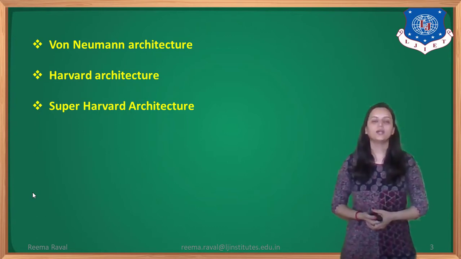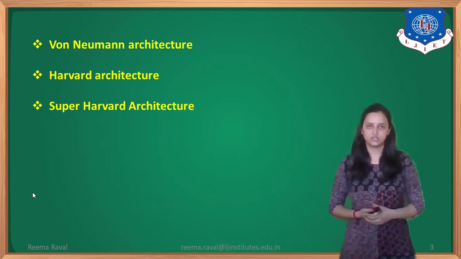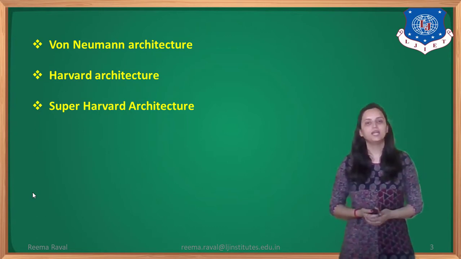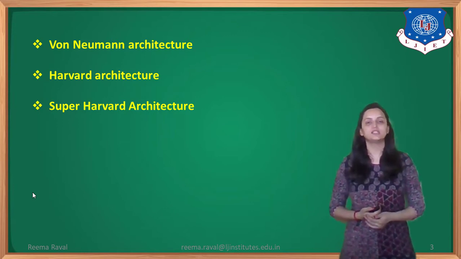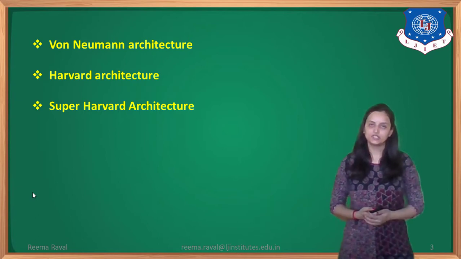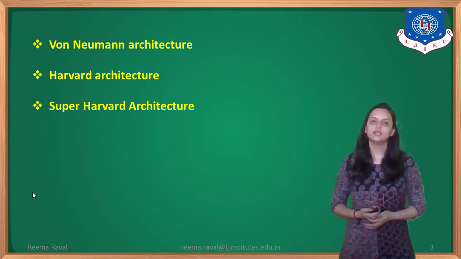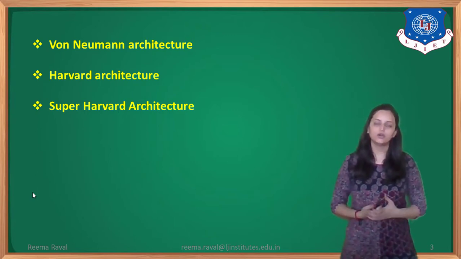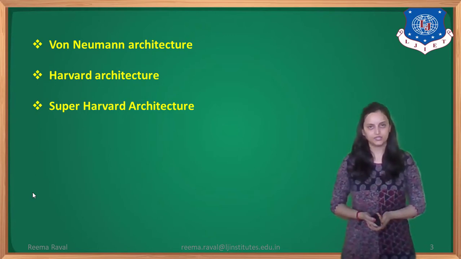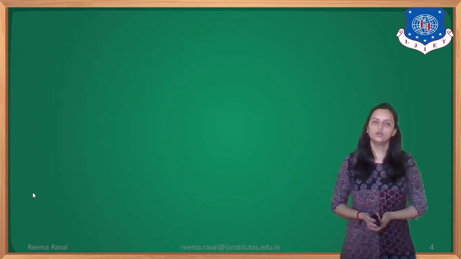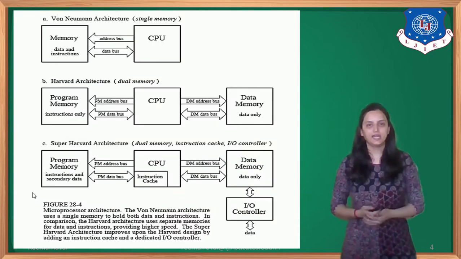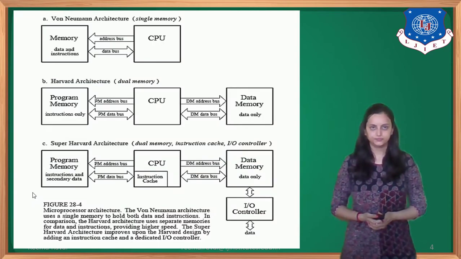We will see what the differences among these three are. Again, there are basically three types of digital signal processors: von Neumann architecture, Harvard architecture, and Super Harvard or Modified Harvard architecture. All of these three architectures are shown in this figure.